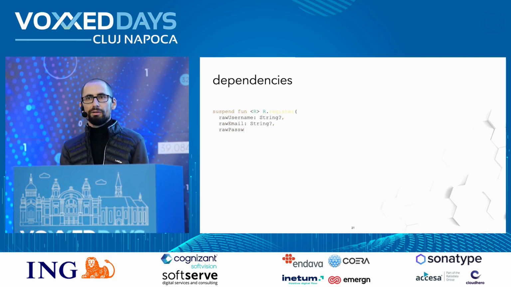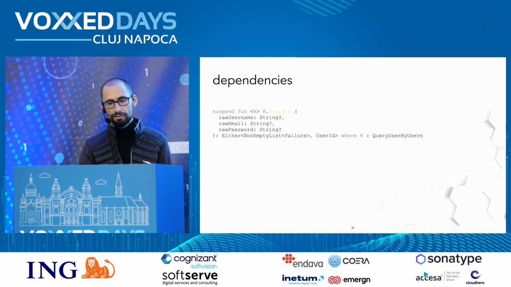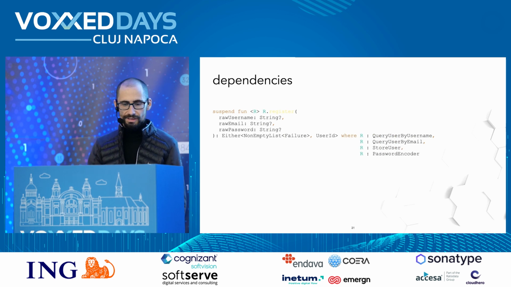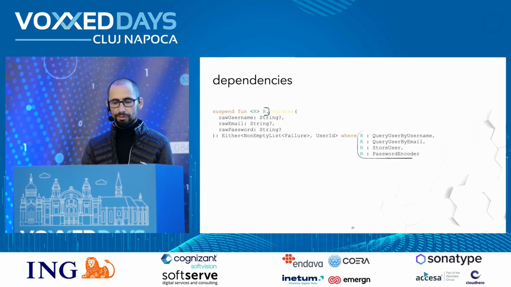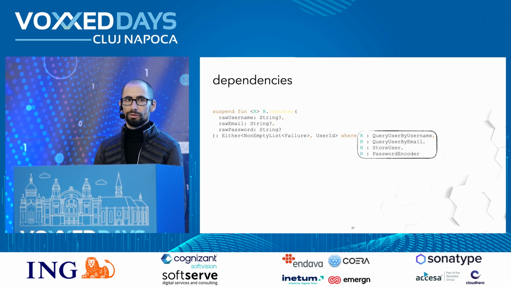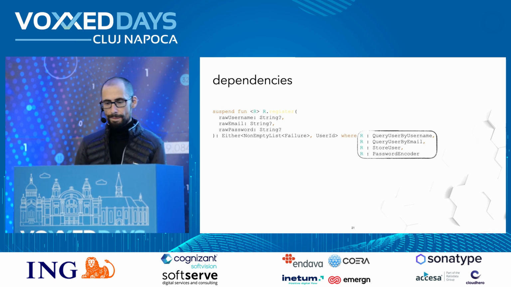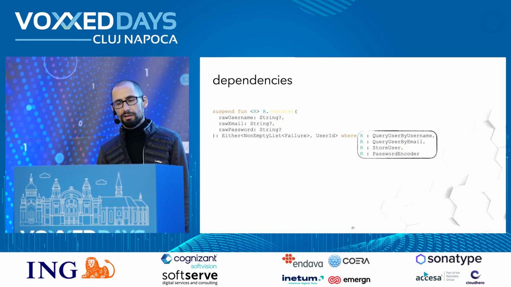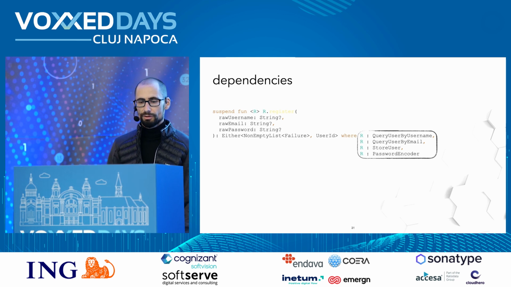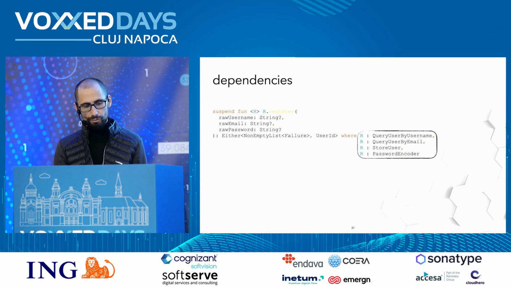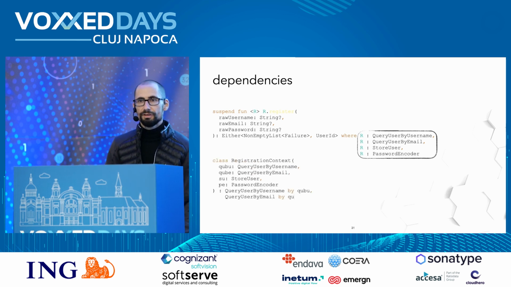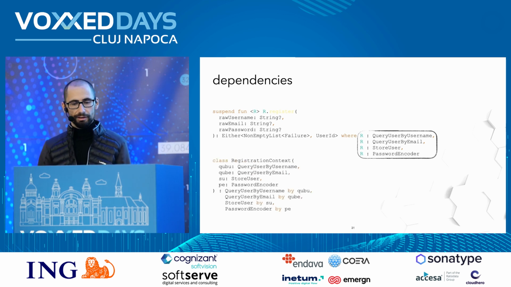Let's talk a little bit about the dependencies now. We've seen that we can create an extension function over some generic type, and we can use where to tell the compiler what the bounds of that generic type are. But how do we create something concrete that we can use in order to invoke this function? We're going to use another Kotlin language feature, which is called delegation.